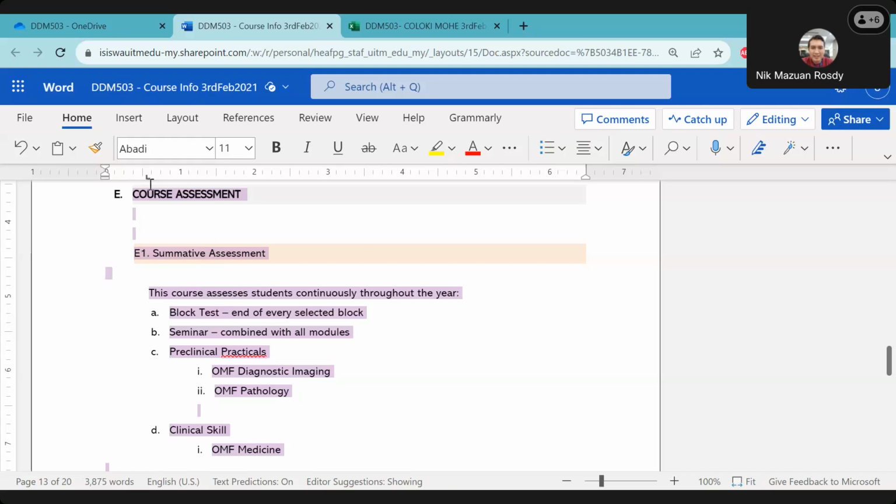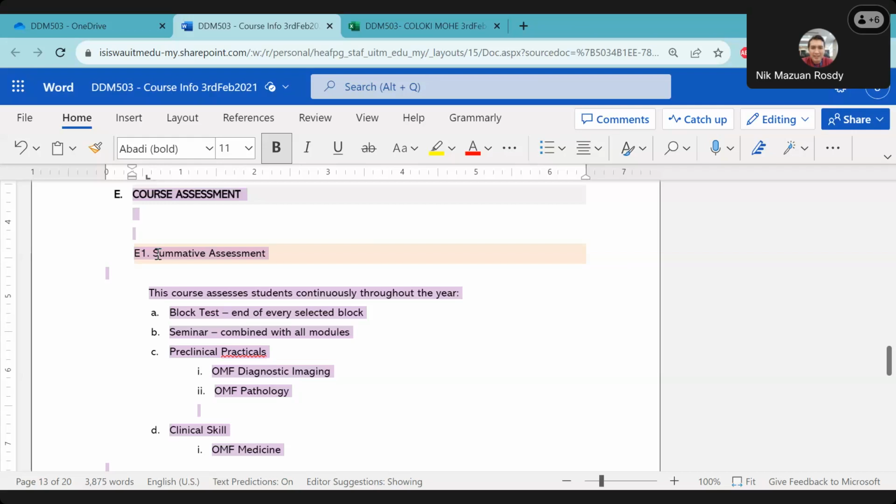If you follow my format, for E1 you can put summative first or you can put formative. If you have formative, put it in; if you don't have formative, do not put it in, because formative is not compulsory. Some people put formative, such as requirements like wire bending or fissure sealant, where students only need to do the assessment, but the marks are not taken for the final.